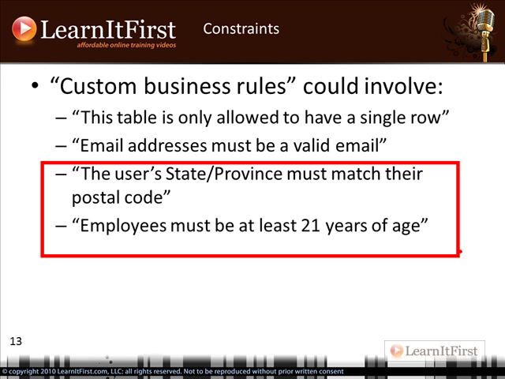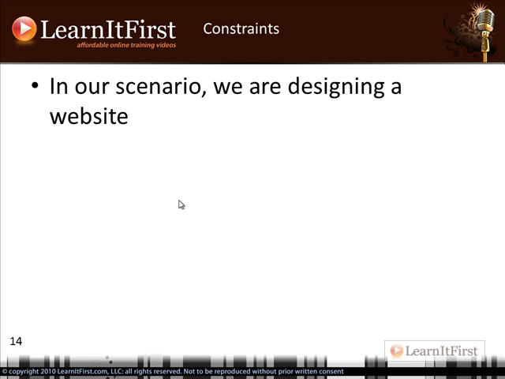Next week, you might write an SSIS, a SQL Server Integration Services package, to load up data from a flat file. Don't you want these custom business rules to also apply? Of course you do. Okay? These custom business rules have to apply to every row in the table.